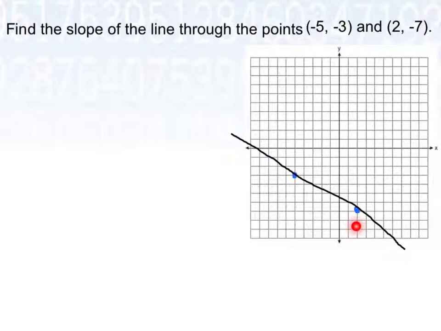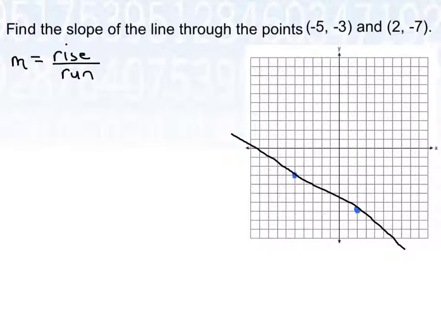Starting with (-5, -3), I remember that slope, we use m to stand for slope, is calculated by the vertical change over the horizontal change. A lot of people like to shorten this by saying rise over run.